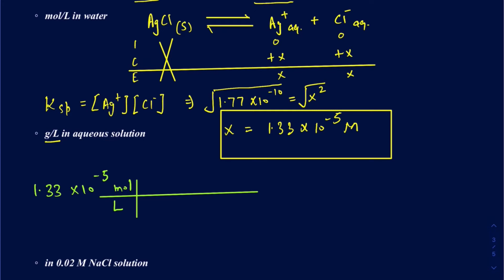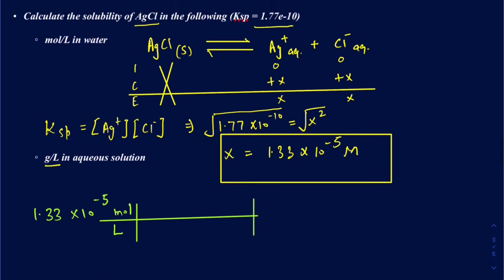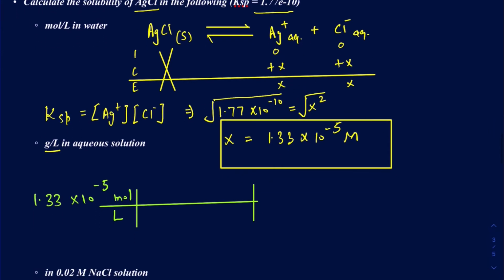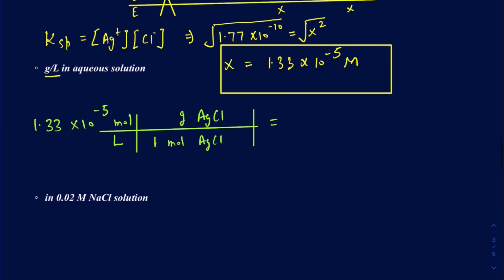And then I can convert these moles to grams now, and we're talking about the molar solubility of AgCl. So I can write down 1 mole of AgCl on the bottom, and on the top, grams of AgCl. You've got to figure out the molar mass of AgCl here. Atomic mass of silver is 107.8, and chlorine is 35.45. So that's going to be roughly 143.25.